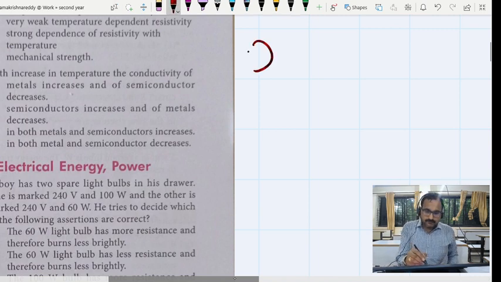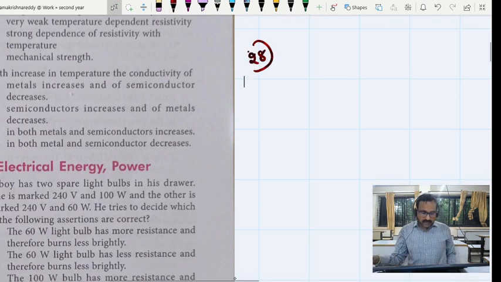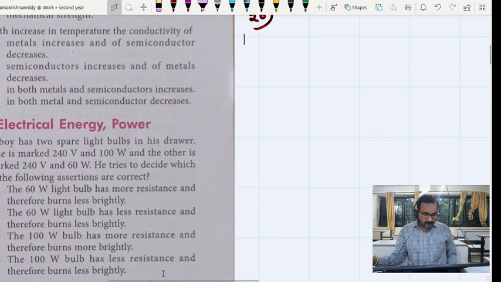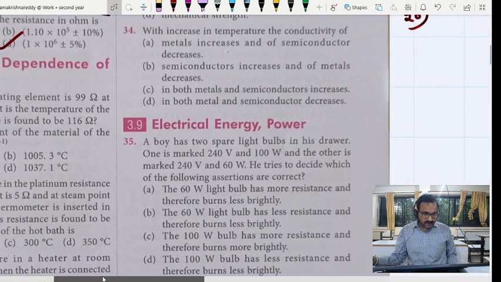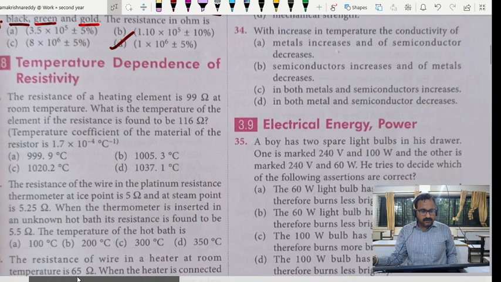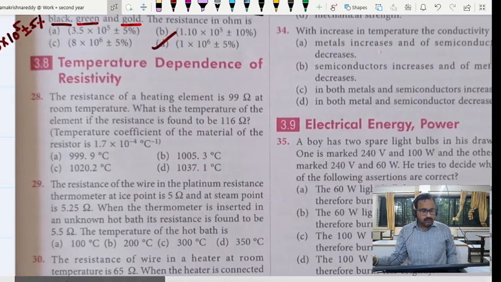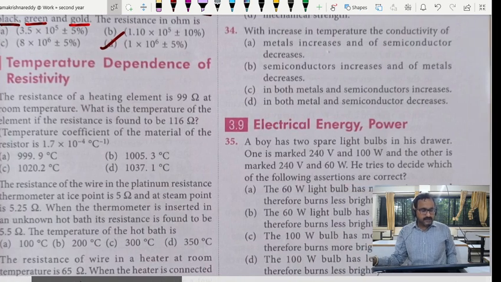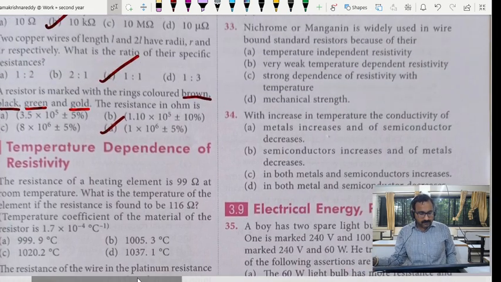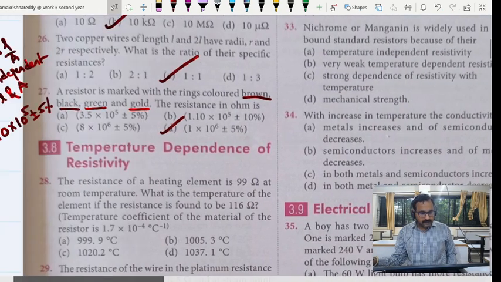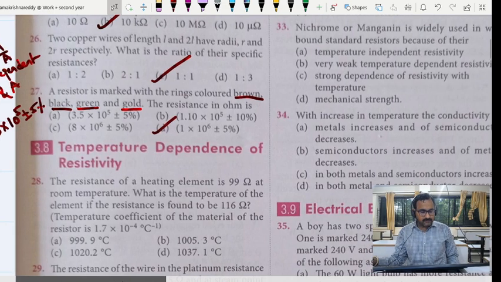Twenty-eighth question. Write first the values they gave in the 28th question. See the question once again all of you. The resistance of a heating element is 99 ohm at room temperature. Next, what is the temperature of the element if the resistance is found to be 116 ohm?